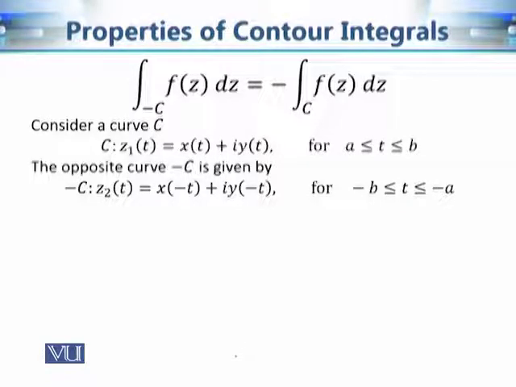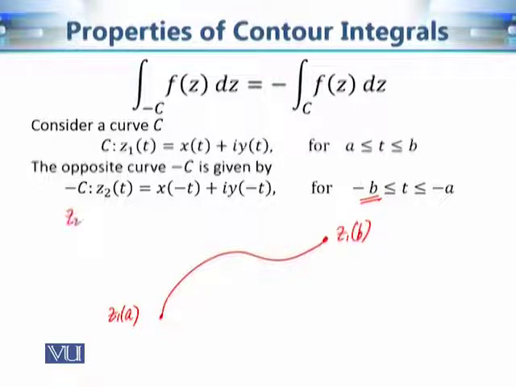Now let's see why this is true. Let's say this is our path C, this is z1 of a, and this is z1 of b. Now if we take z2 of t to be equal to x of minus t plus iota y of minus t, what is going to be the initial point of this contour minus C? To calculate the initial point, we put the first value of t, which is minus b.